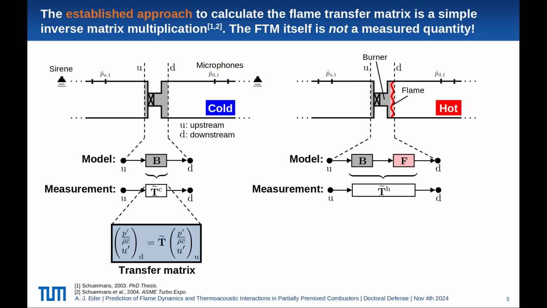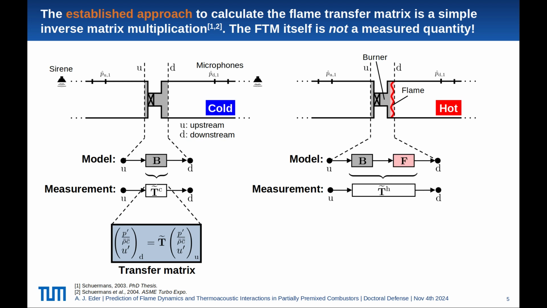And if we want to model everything that happens between U and D, we can just use one burner, which is denoted here as B. When we go to an experiment where we have a flame involved, on the right side, we can again do the measurements. Everything between U and D is just the transfer matrix, this T tilde superscript H for hot.